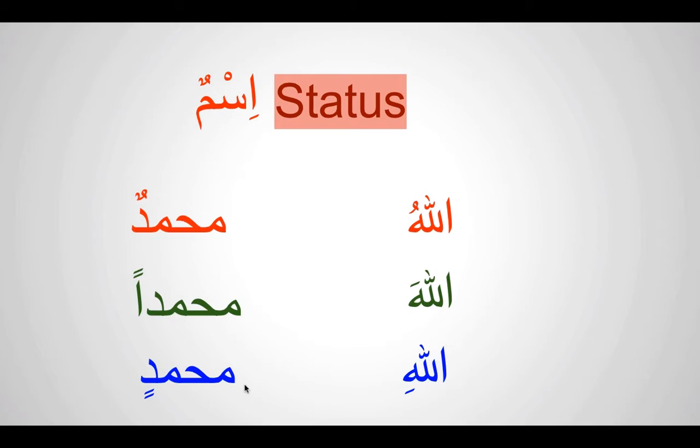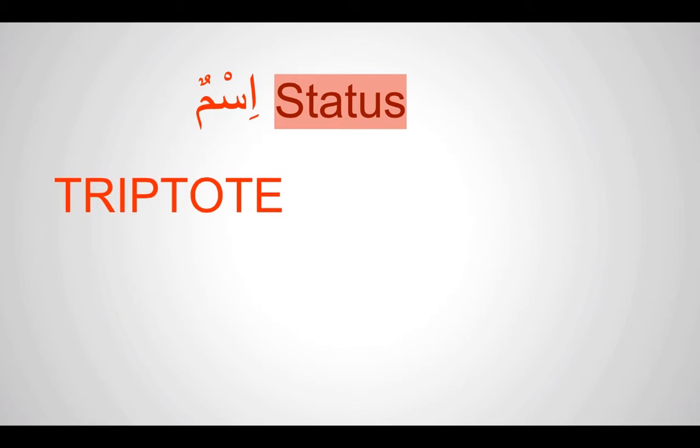This is the status. And we learned that this is called declension, where the noun is declining from dhamma to fatha to kasra. When a noun declines completely, we call it a triptote. And we learned that there are certain nouns which do not decline completely, and those are called diptotes.